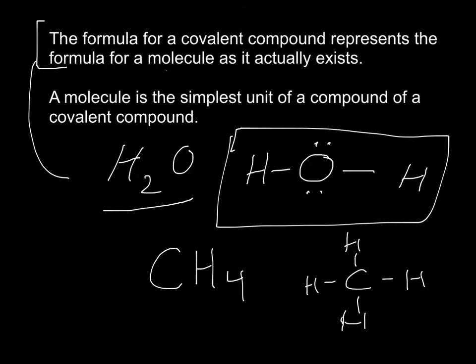Remember when we talked about ionic compounds, we said that the formula didn't represent something that actually existed. When we wrote the formula sodium chloride, we said there weren't any single sodium and chloride ions out there floating around having a party by themselves. Instead, it was just a ratio of things in a crystal.